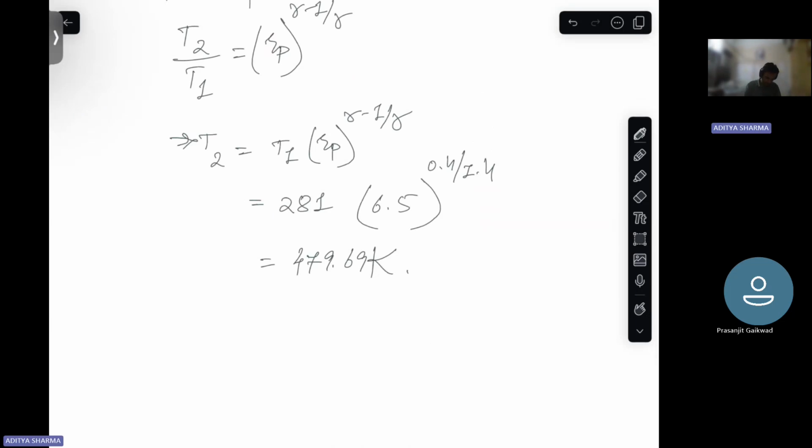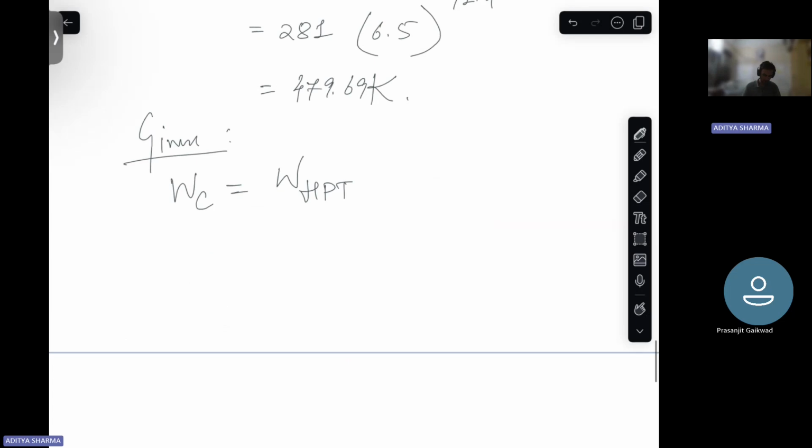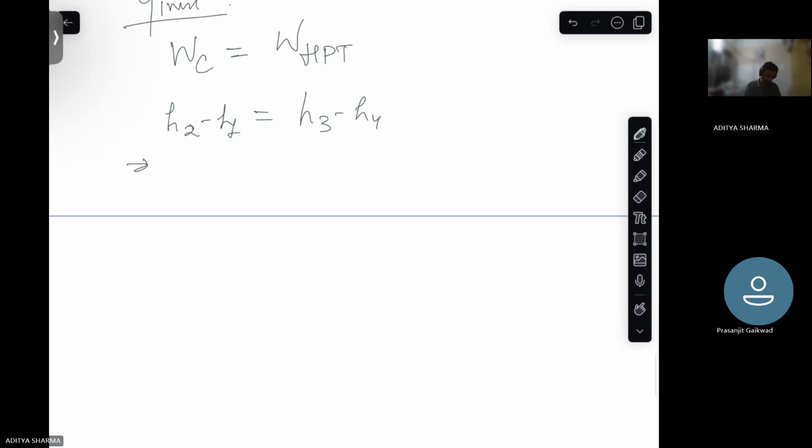What is given to us? Compressor work is equal to high pressure turbine work, right? So in terms of enthalpy, H2 minus H1 is equal to H3 minus H4. I hope this is clear. So in terms of specific heat, this is this, and this is this.